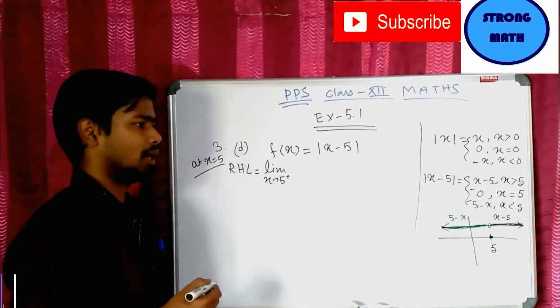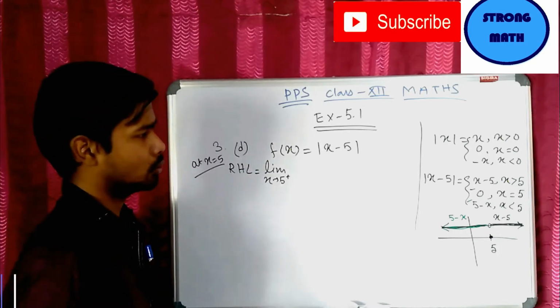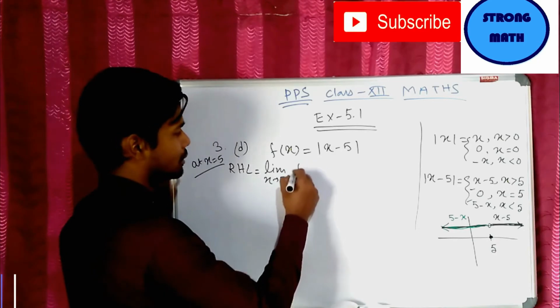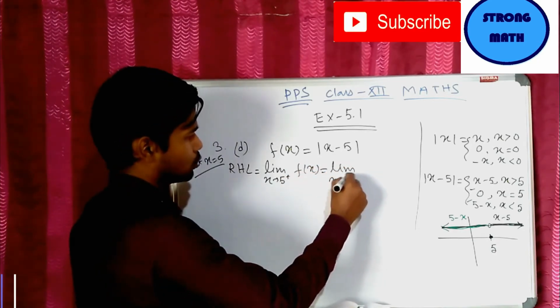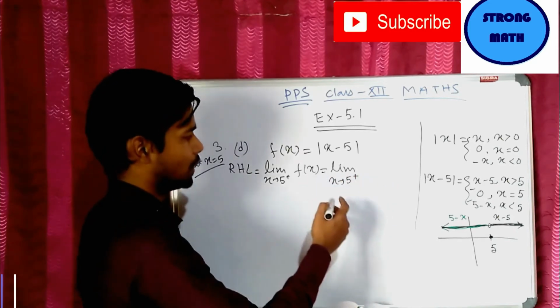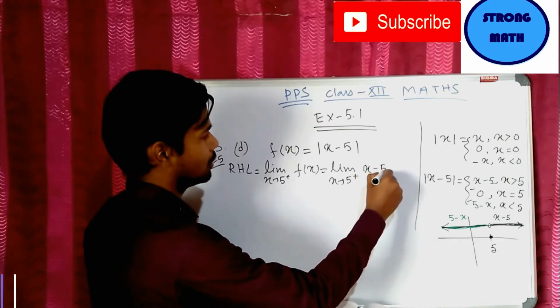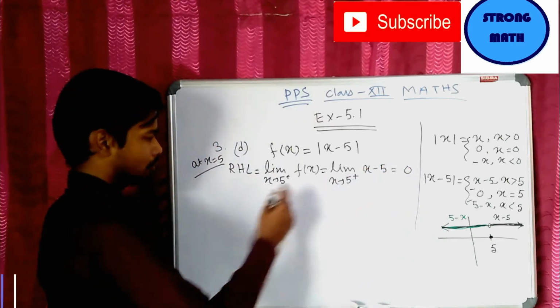At x equals 5 the function is broken into 3 parts. So right hand limit equals limit x tends to 5 plus f of x. The value of f of x when x is greater than 5 is x minus 5. So this will be 0, putting the value 5 here.